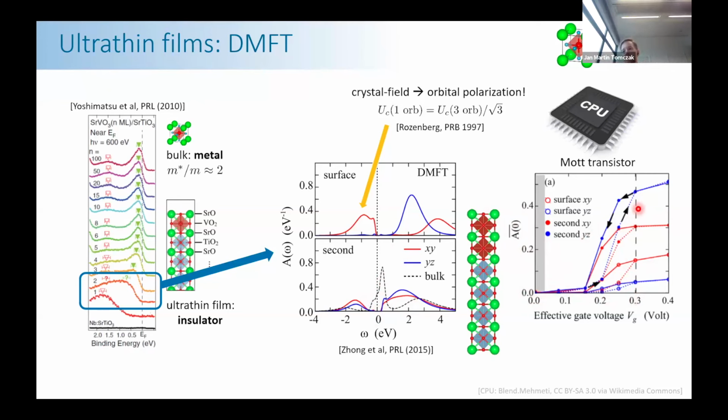And that could be used in a sort of oxide electronics realm that you can make a transistor out of this. So you could construct, although it's experimentally difficult, a Mott transistor from this system.